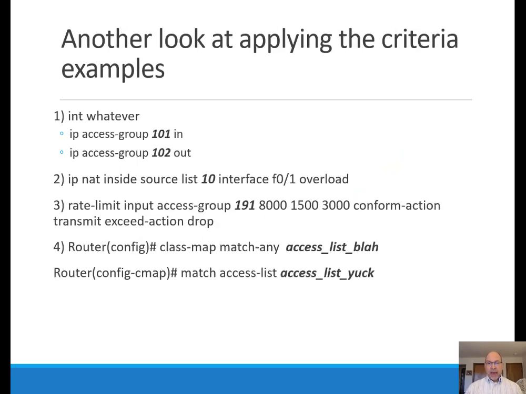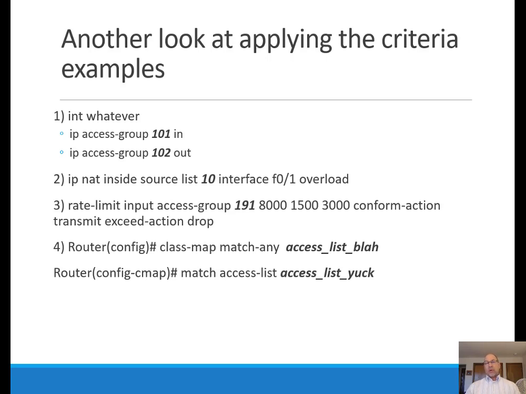Now let's take another look at applying the criteria. In those previous examples, we were applying them to an interface and direction, so very much about traffic control, permitting or denying traffic. But we can also apply them to network address translation commands, right? And that doesn't have anything to do with controlling traffic as far as permitting or denying it on a network.